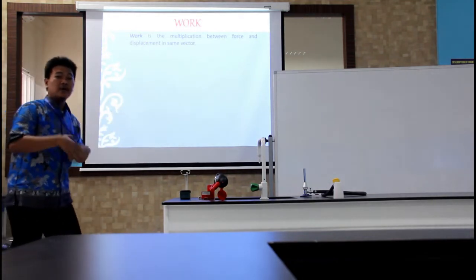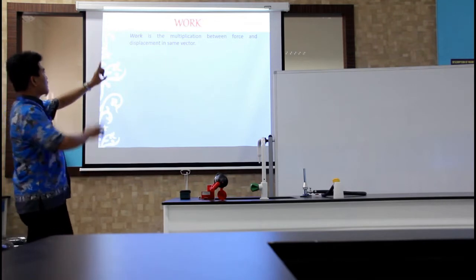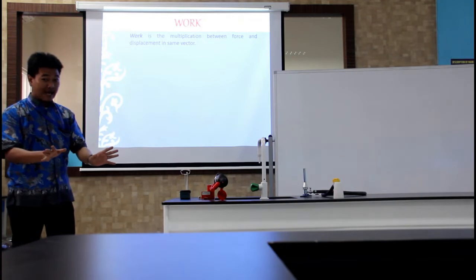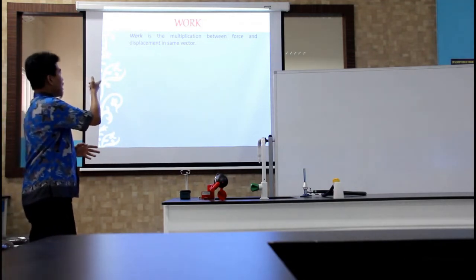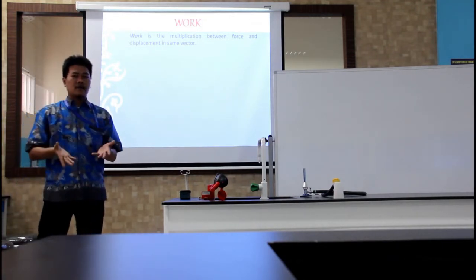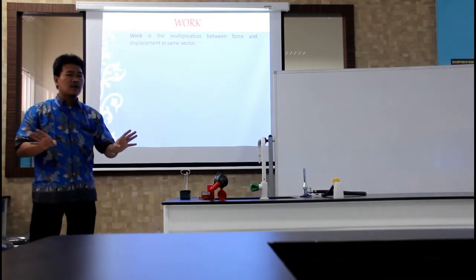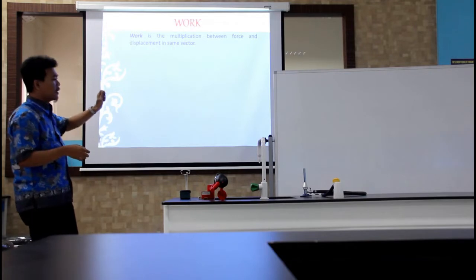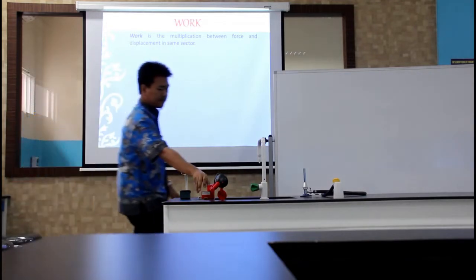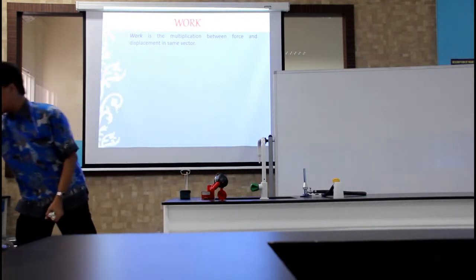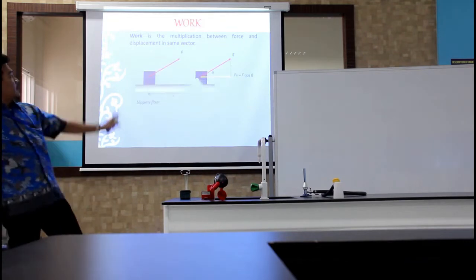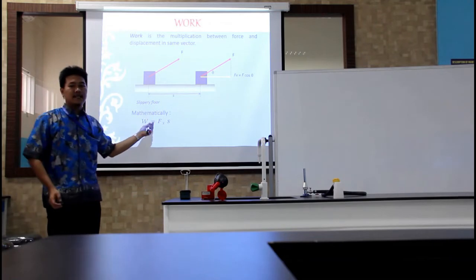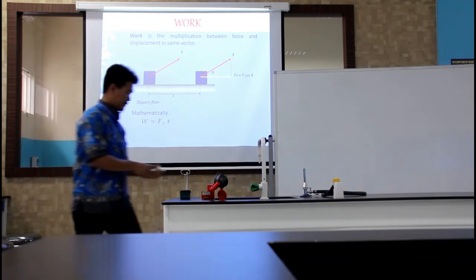Mathematically, we can write that work is the multiplication between force and movement, or displacement in some cases. So it is multiplication, not the sum. Look at here. In mathematics, we can write the work like this.